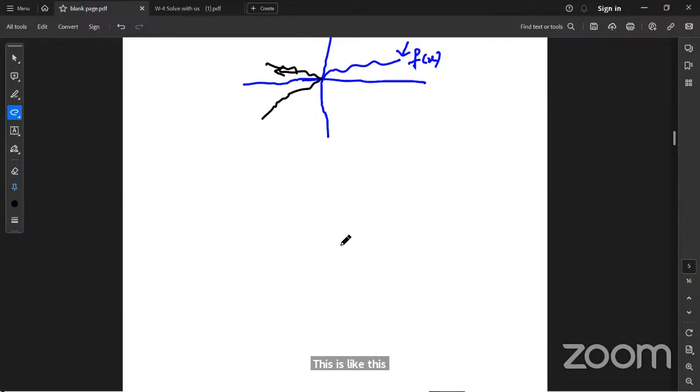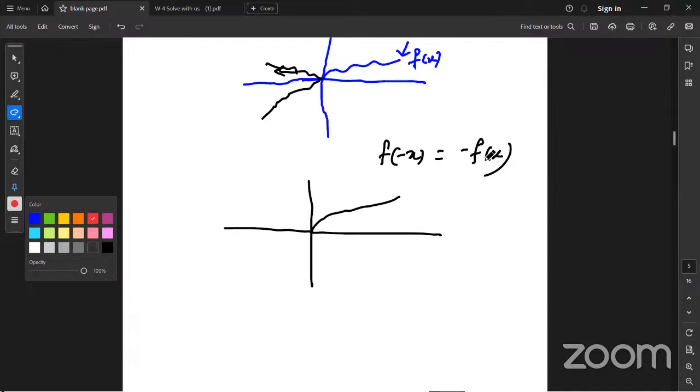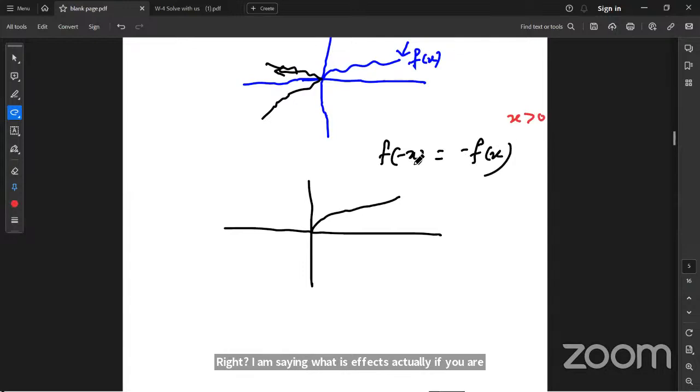Suppose your graph is like this, and you are saying f of minus x is equal to minus of fx. What is fx actually? If you are here, I am saying x is greater than 0. What is fx actually when x is less than 0? If you neglect this minus sign and just say this is your x value, then what will fx be?